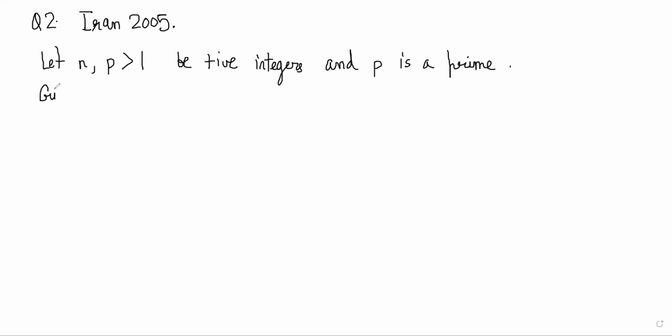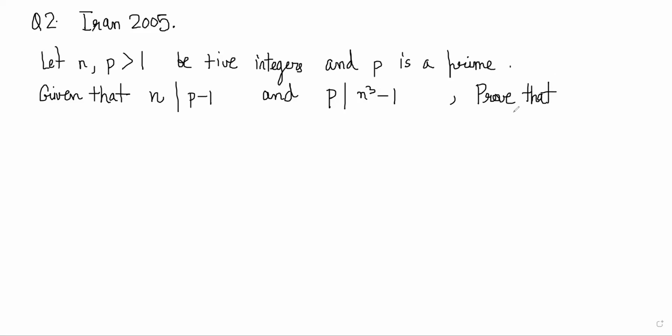Given that n divides p minus 1 and p divides n cube minus 1, we have to prove that 4p minus 3 is a perfect square.